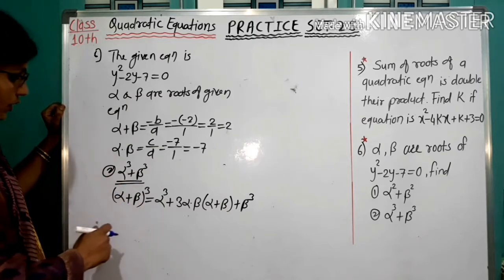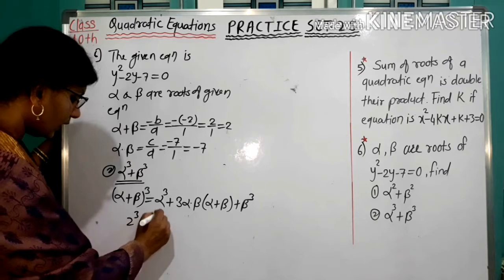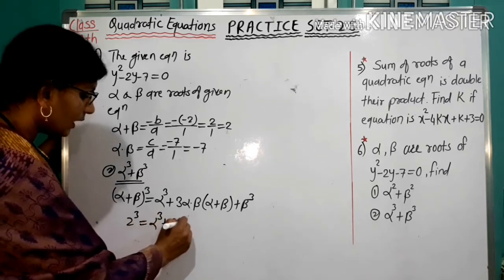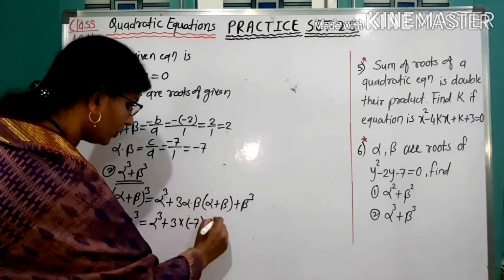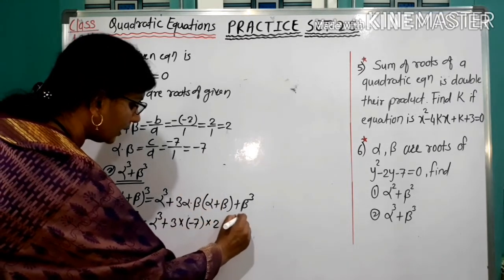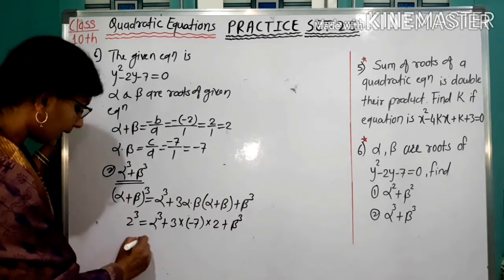Then put the values of alpha plus beta, which means 2 cube, equals alpha cube plus 3 into minus 7 into 2 plus beta cube. Then 2 cube is 8.